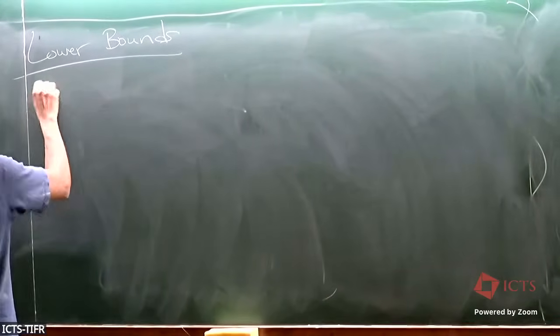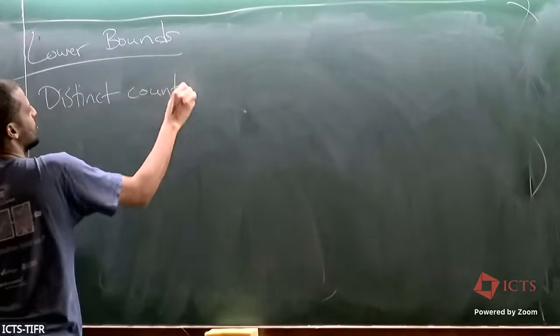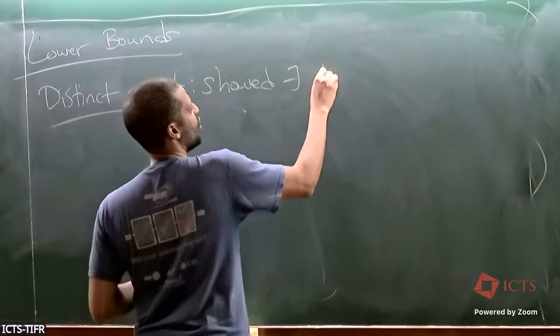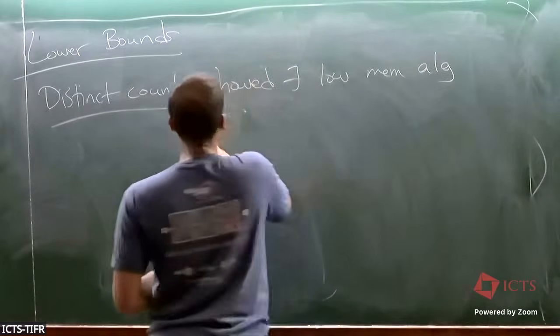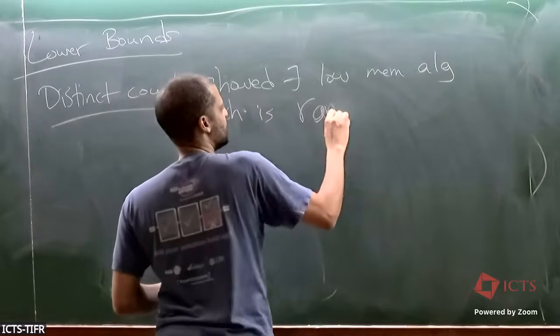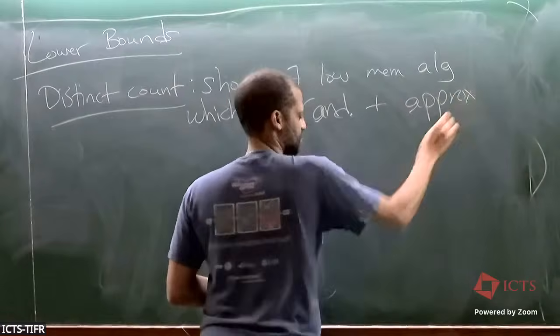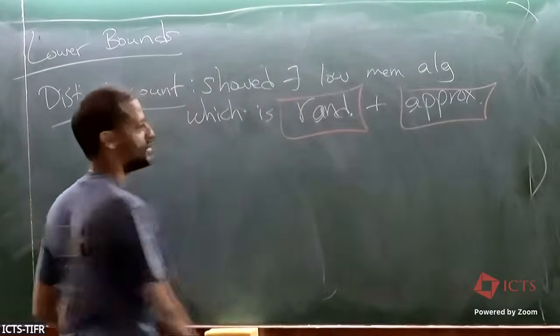So let's just look at, for example, distinct count. We showed today that there exists a low memory algorithm, which is randomized and approximate.